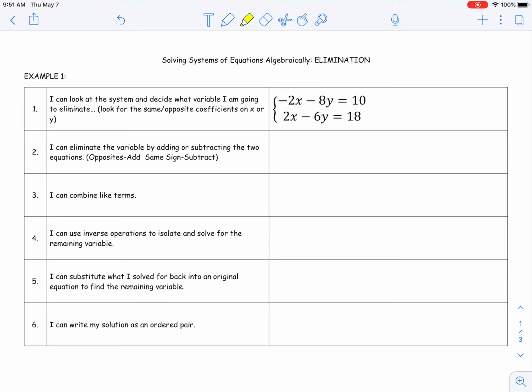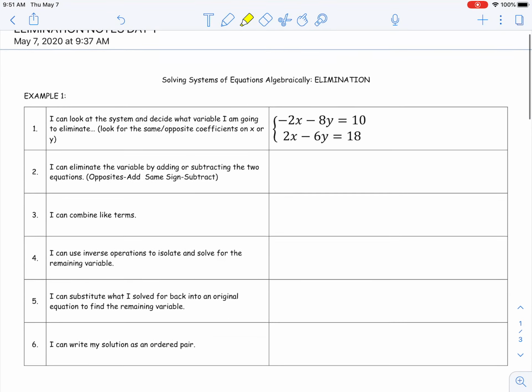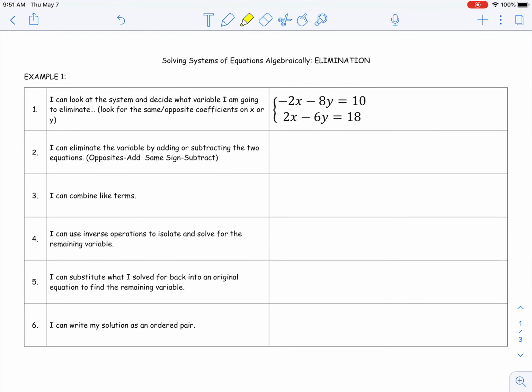So if I look at my system that I have here in example 1, the numbers in front of x are -2 and 2. The numbers in front of y are -8 and -6. So I'm looking for either the same number or the opposite number, and that's going to tell me what variable I want to eliminate.